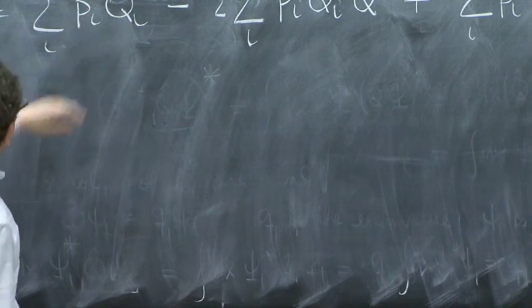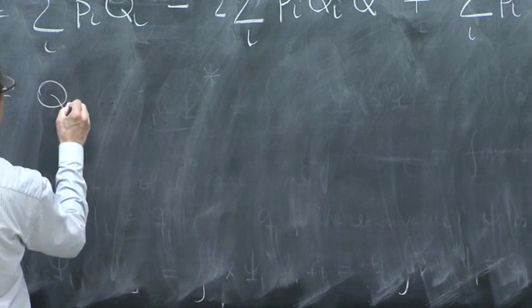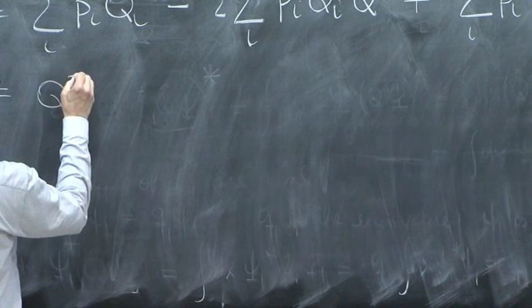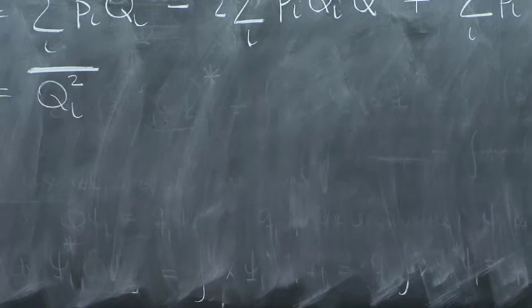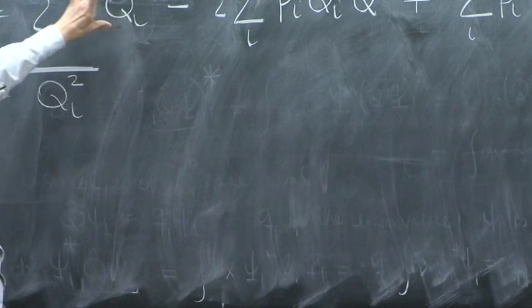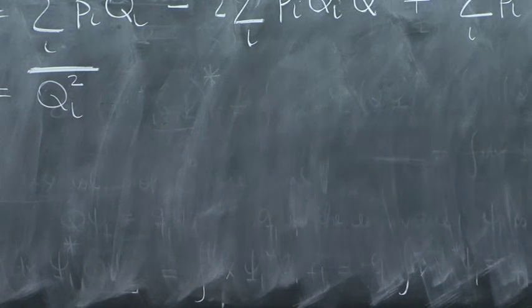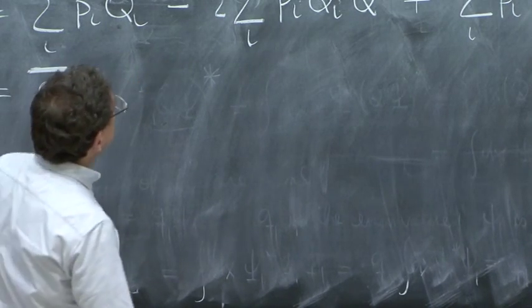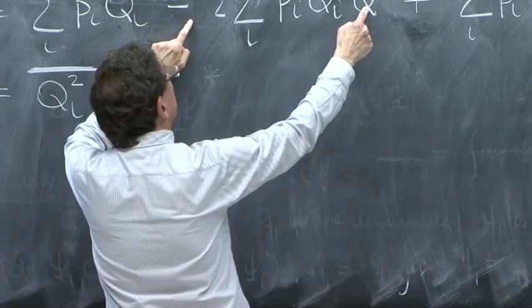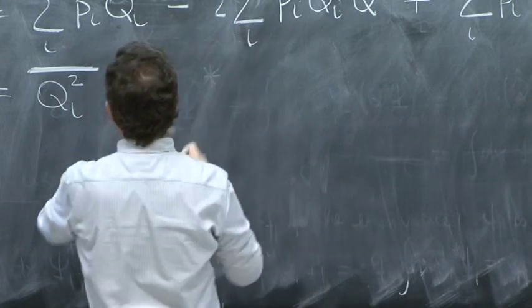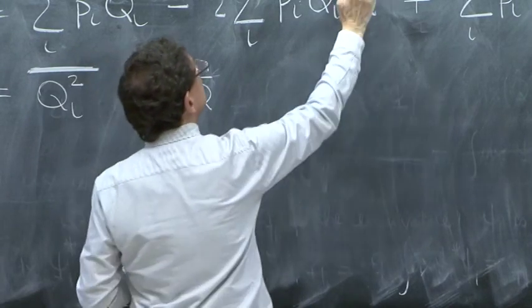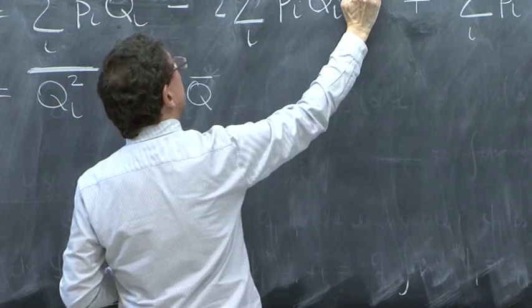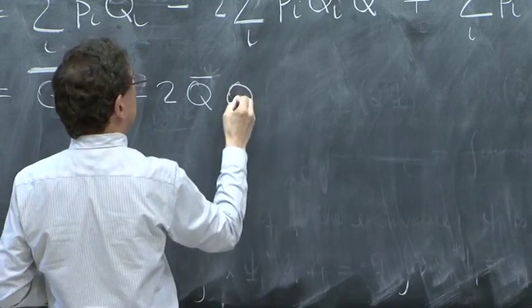Here, you're having the expectation value of Qi squared. That's the definition of the bar of some variable: you multiply the variable by its probability that it occurs. What is this? This is a little more funny. First, you should know that Q bar is a number, so it can go out. So it's minus 2 Q bar, and then all that is left is this, but that's another Q bar, so it's another Q bar.